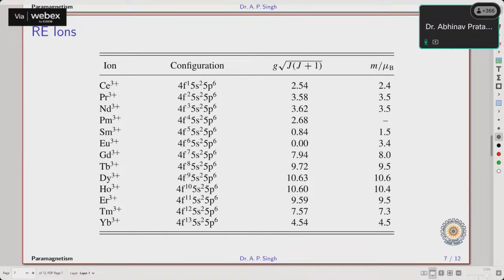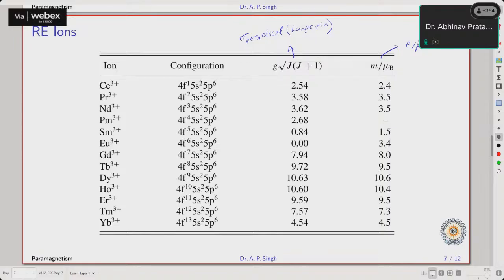This value, you can assume to be the theoretical value according to the Langevin theory, or quantum Langevin theory if you like. And this is the experimental value. And you can see that they agree quite nicely.